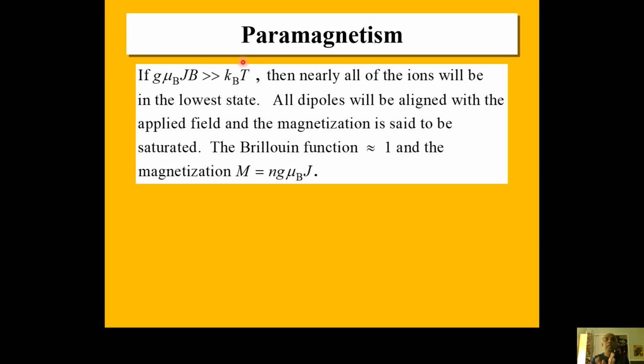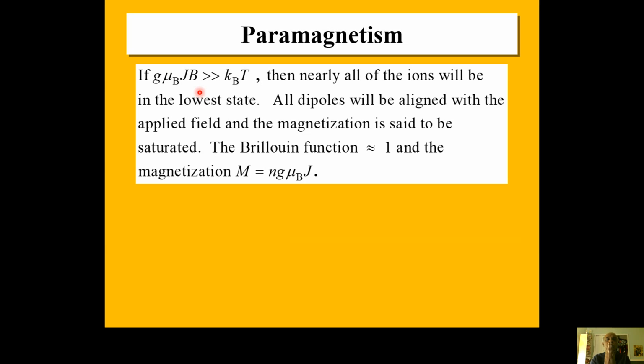That means all the ions will be in the lower state, because they all try to align in the direction of B. Without B, all the magnetic moments would be randomized by thermal agitation, but by applying a large magnetic field, they all align in the direction of B. That's why we call it paramagnetism.